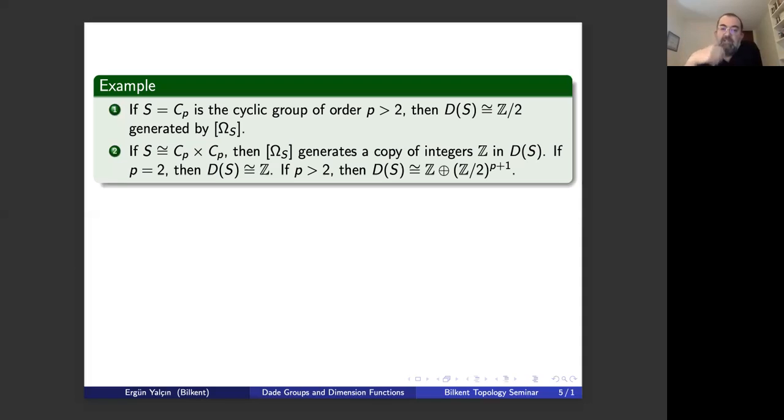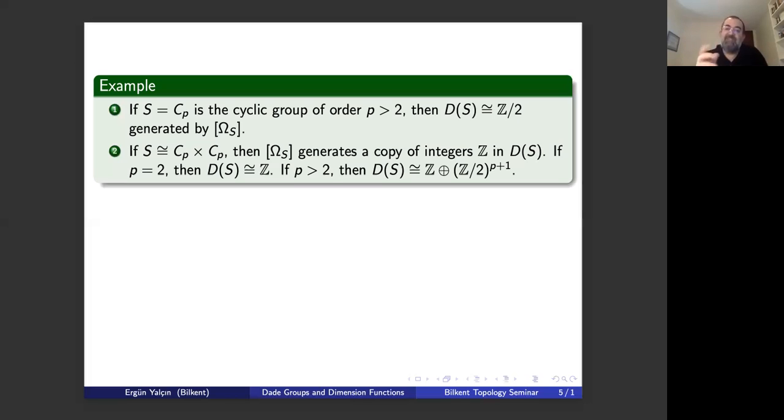For p bigger than 2, you also get mod 2 classes, which come from quotients by maximal subgroups of C_p cross C_p. So there are exactly p plus 1 maximal subgroups, and each of these quotients gives you a C_p. And for those C_p's, you also have omega of S over H, S over some C_p.